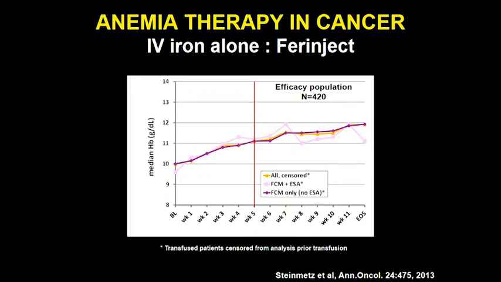Here in yellow you have the general population. In light pink you have patients on ferinject plus EPO, and in purple, the patients on ferinject alone. Let me emphasize again that it's not randomized.